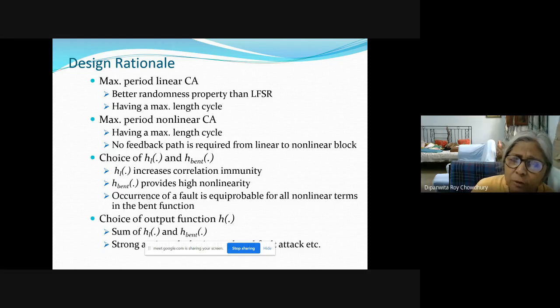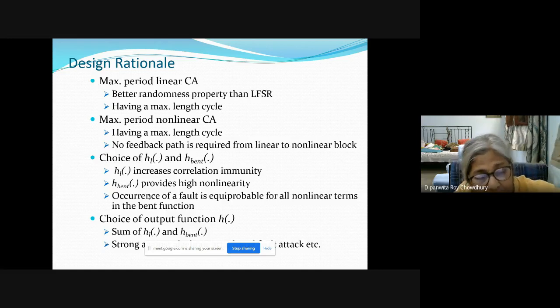So a different way we can do this. In the way we are designing, the design ratio and all that, our main aim is to prevent some attacks. Sometimes we have also seen that just to avoid one attack, we invite another attack. So we must be very careful when choosing our design parameters.